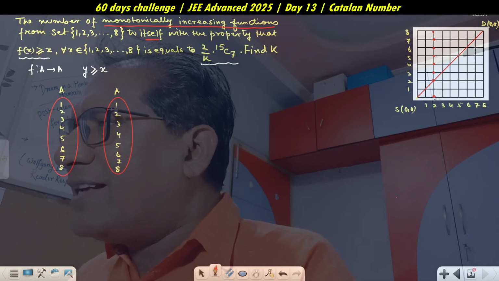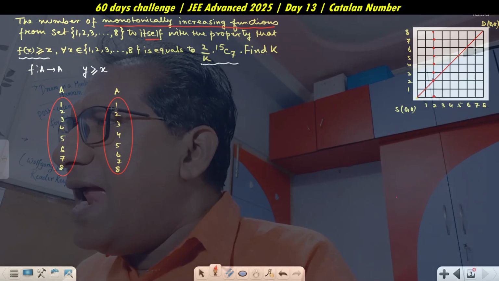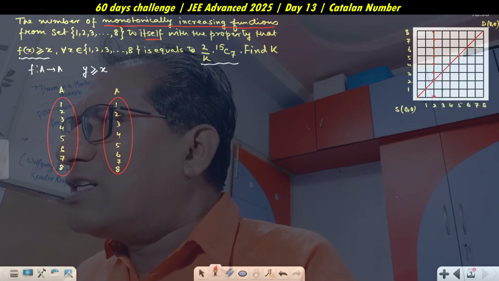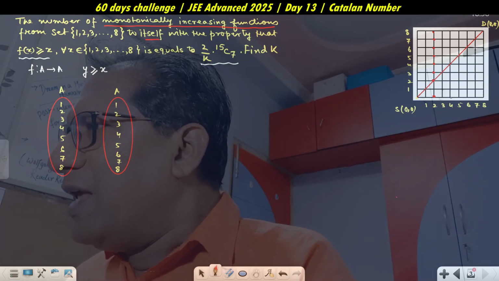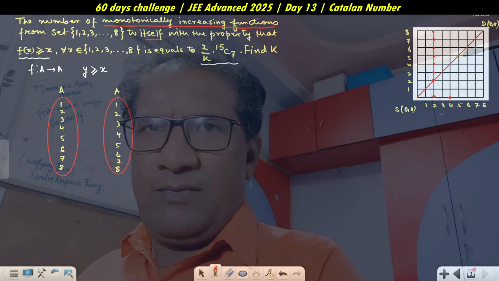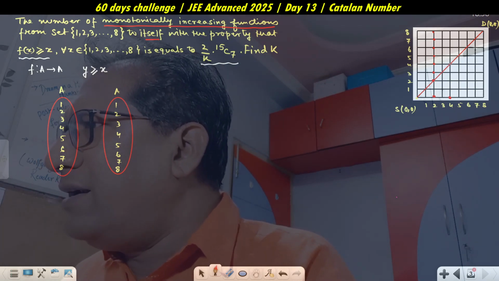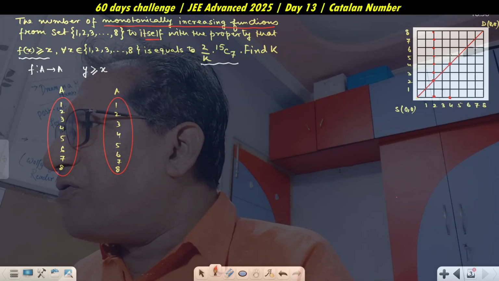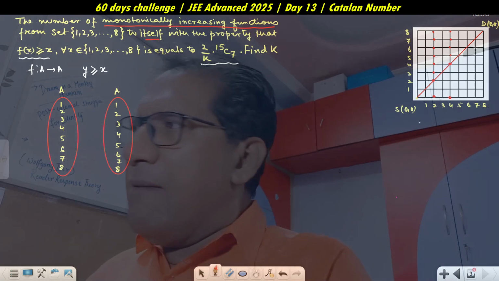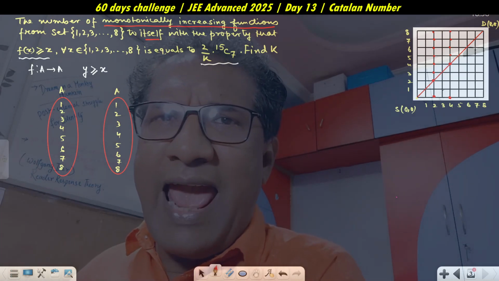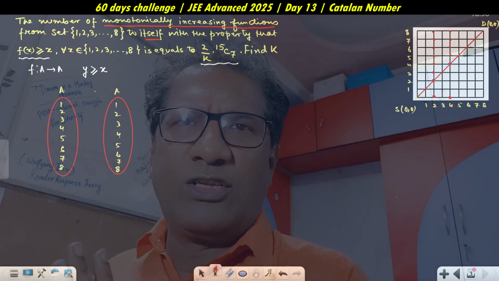So your x equals to 2 can be mapped with any of these points from 2 to 8. Am I correct? Similarly, your point 4, this is x equals to 4. This can be mapped with any point from 4, 5, 6, 7, 8. Because here, in every case, the condition is satisfied if y is greater than equals to x.